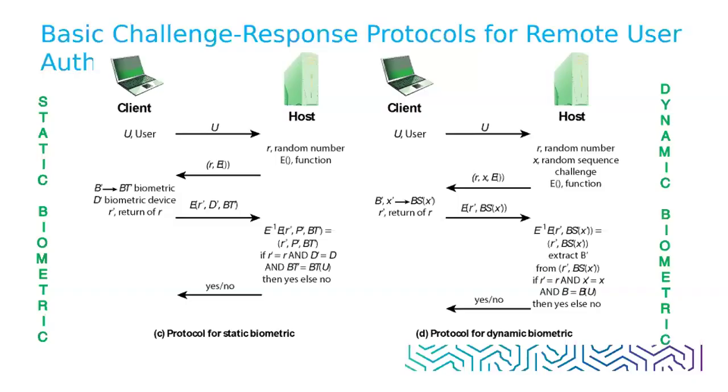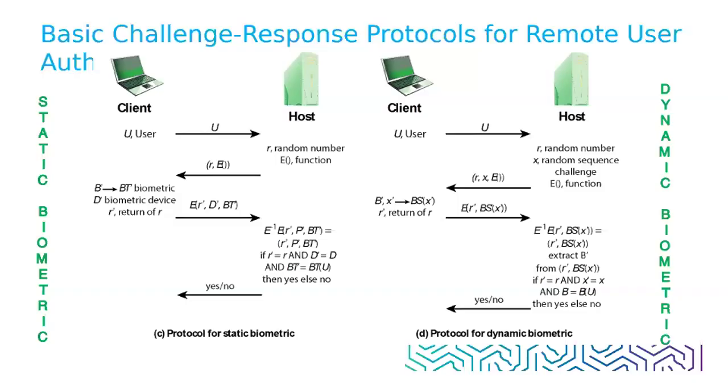Challenge-response authentication improves security by using a fresh random challenge for every login. It requires the client to compute a cryptographic response using a secret known only to the user and the server.